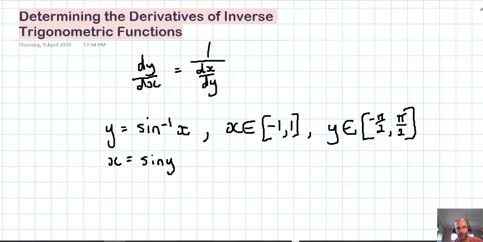And then we take the derivative. This is where we use our result from the top of our page. And dx/dy, using our definition above, would be cos of y.